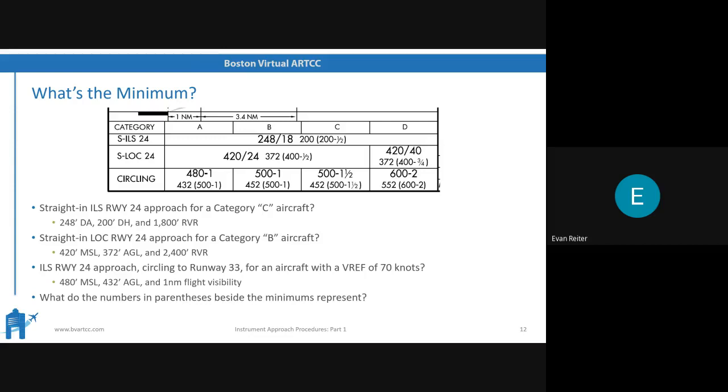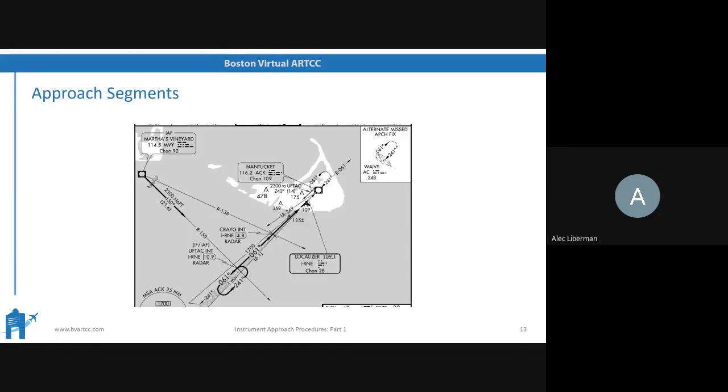We can just ignore them. Important to know that they are not the AGL altitude. They're just something we don't have to worry about. All right. Any more questions on this slide? All right, seeing none, we'll move on to the approach segments.